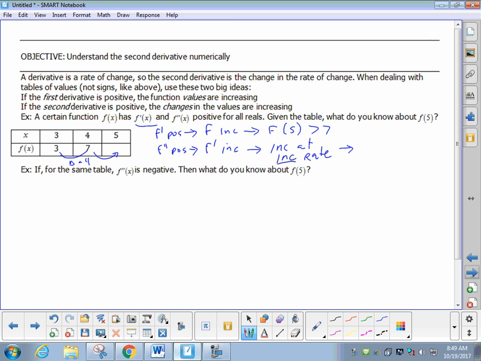If the changes are increasing, then the next change must be greater than 4. Next change, more than 4. So that implies f at 5 must be greater than 11. I have to go up by more than 4 next time, so if I start at 7, go up by more than 4, I have to be more than 11. You with me? Try then a slight change.